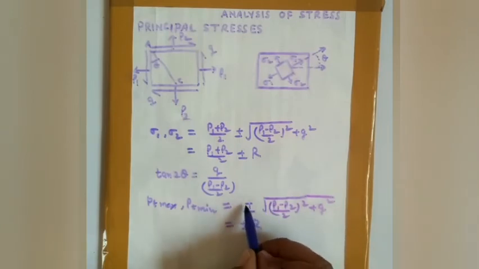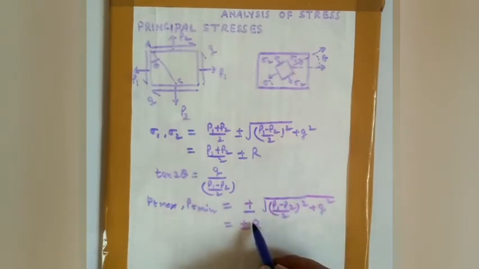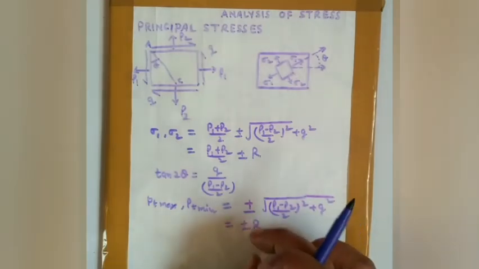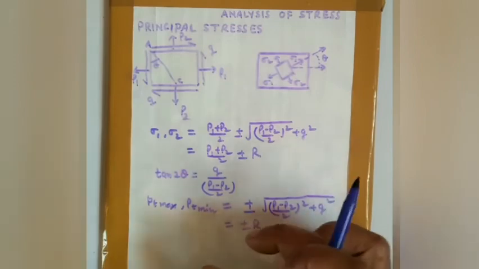So the magnitude of maximum and minimum shear stress is equal to r. That means they both are equal, but their direction or orientation is just opposite.